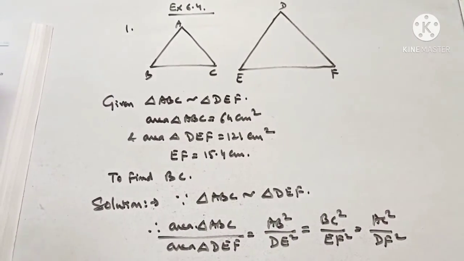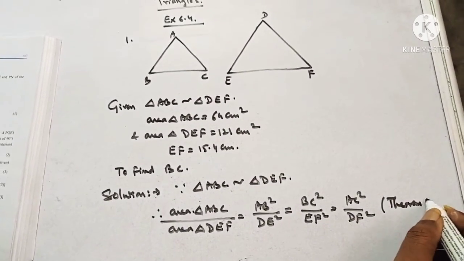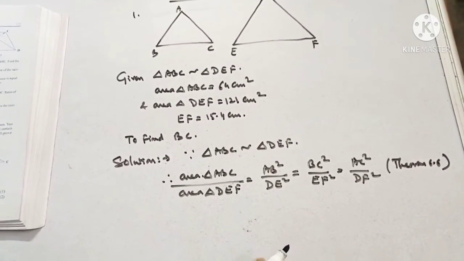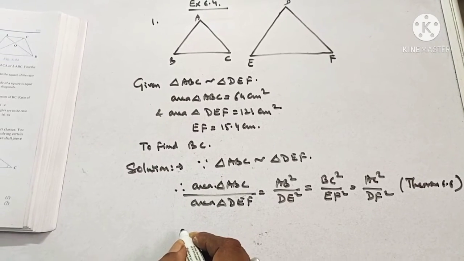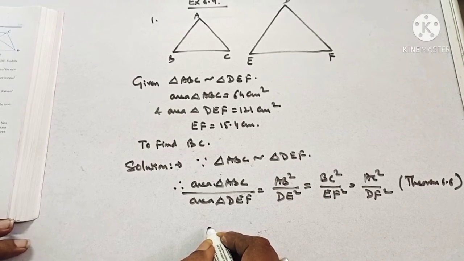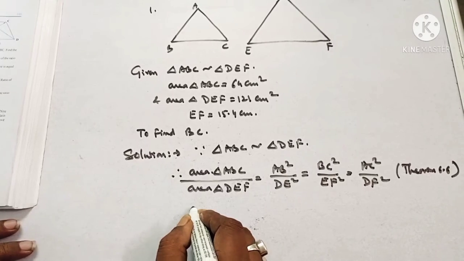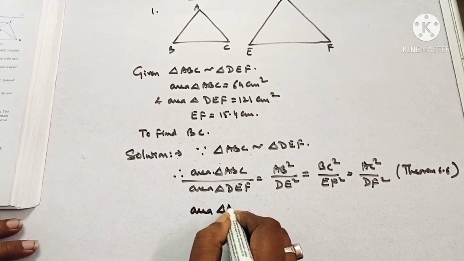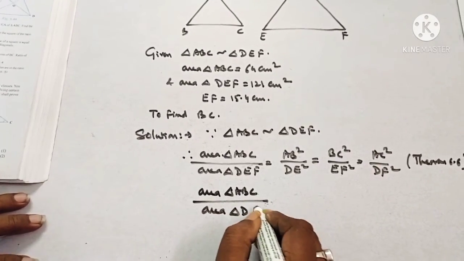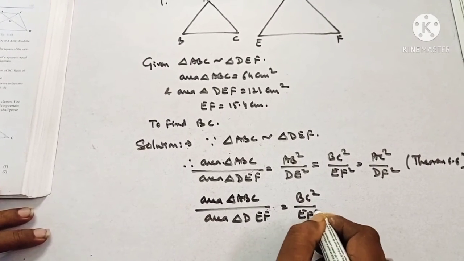This I get from theorem 6.6. Now here you see, this area triangle ABC by area triangle DEF is equal to BC square by EF square.